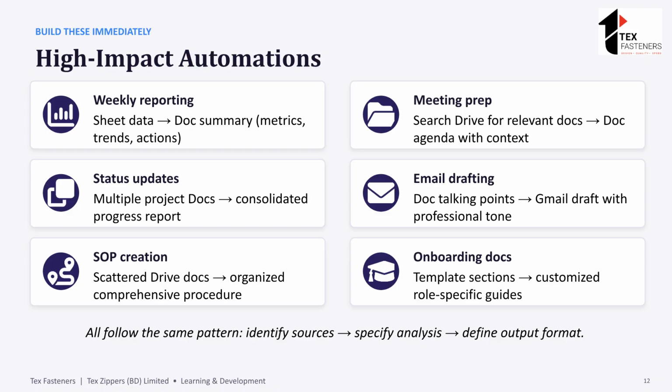For email drafting, use document talking points to create a professional Gmail draft. For SOP creation, combine scattered Drive documents into one organized procedure. And for onboarding documents, turn templates into customized, role-specific guides. All of these follow the same basic pattern. Identify your sources, specify the analysis, and define the output format.